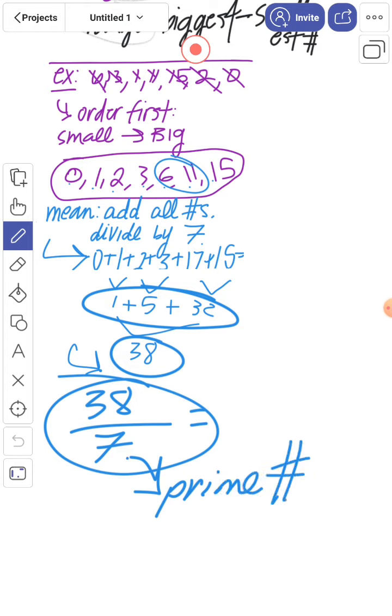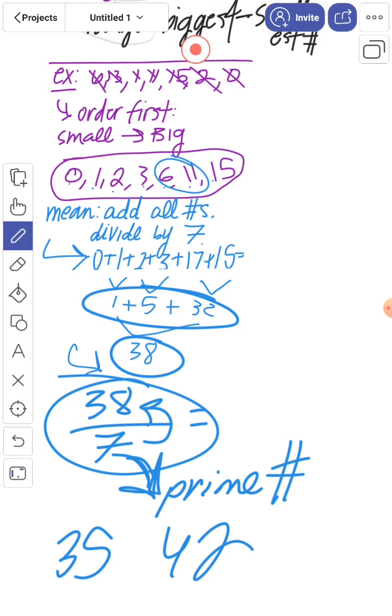Right? 7's not very friendly. And 38, he's a little more friendly, but not that friendly. 7 is like totally, like, no. Well, I mean, 7 is prime, but that's not really the reason we can't reduce it. 7 just doesn't go into 38. 7 goes into 35 and 42, but it doesn't go into 38.